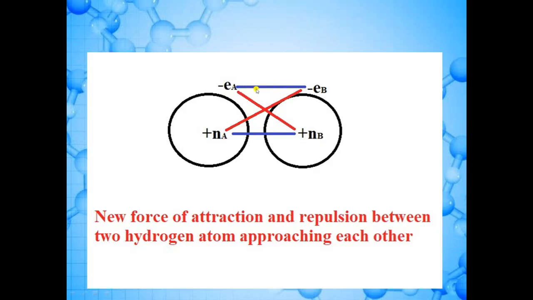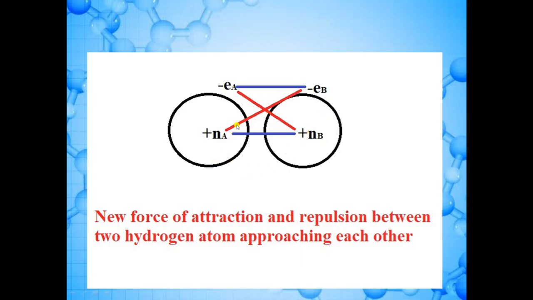So you can see the blue line. These blue lines represent the force of repulsion which exists between the electron of the first hydrogen atom and the electron of the second hydrogen atom. There is a second force of repulsion between the nucleus of the first hydrogen atom and the nucleus of the second hydrogen atom. So there are two repulsive forces which exist between these two hydrogen atoms.